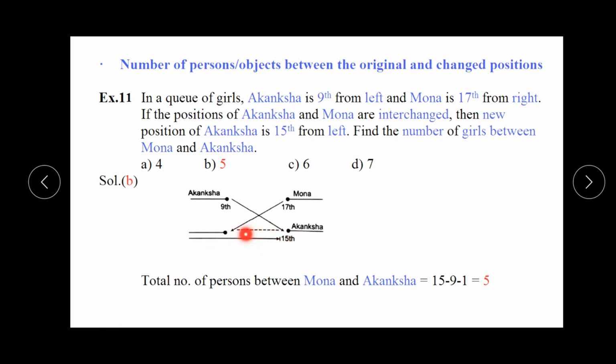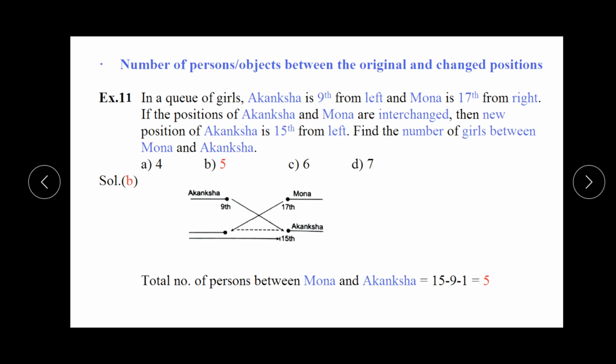It means in this 6, Akanksha's new position is included, but we cannot include it. So we subtract 1. There is a gap of 6 between the newer position and the older position of Akanksha.